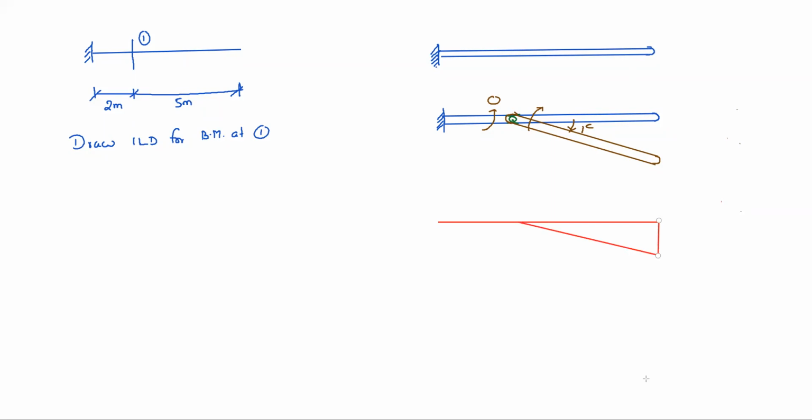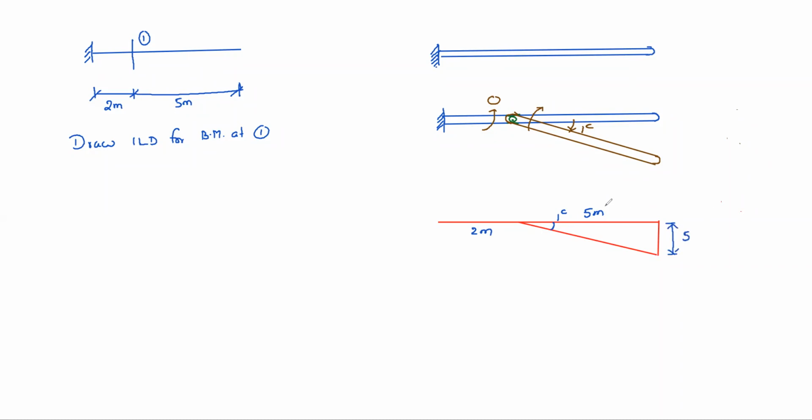The ordinate calculation also you need to observe. This is suppose 2 meters. This is 5 meters. Here rotation is 1 radian. So tan theta equal to theta. So obviously this is 5 units. Okay.